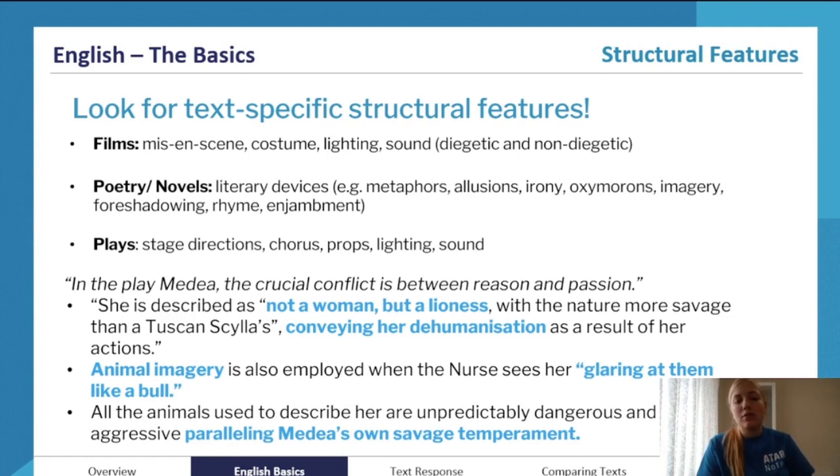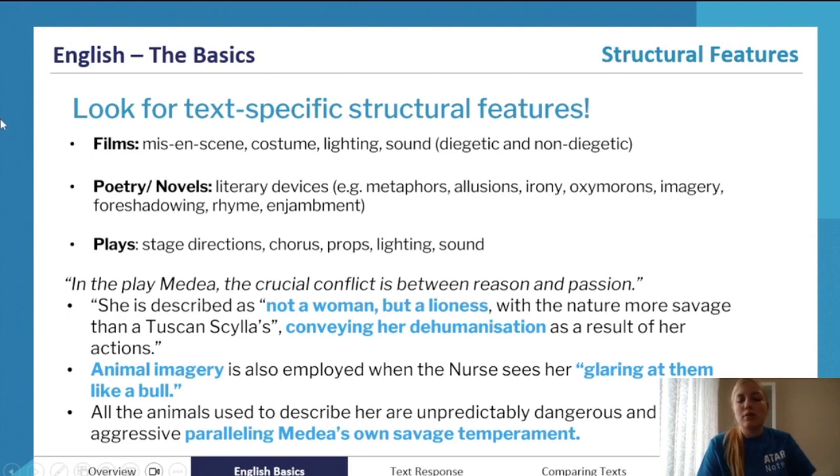Animal imagery is also employed when the nurse sees her glaring at them like a bull. So this is a simile combined with animalistic imagery that is likening Medea to a bull. And we've explained that link really nicely as well. Additionally, we've also reinforced that there's animalistic imagery where she's being described as a lioness as well.